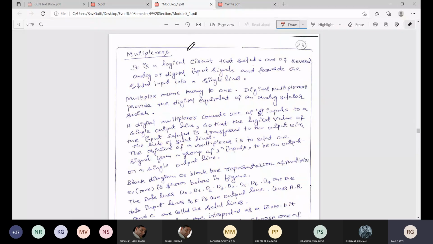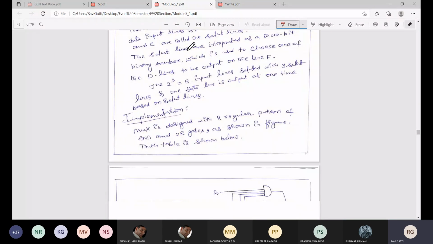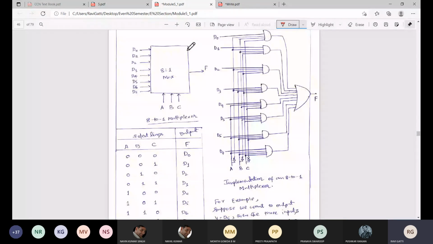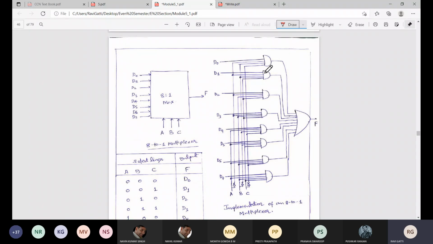I request everyone to please make a note of this diagram. Here they have drawn a diagram. If you want to select D naught, what is the condition? It should be A bar, B bar and C bar.